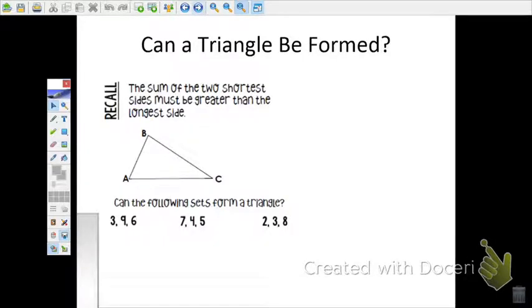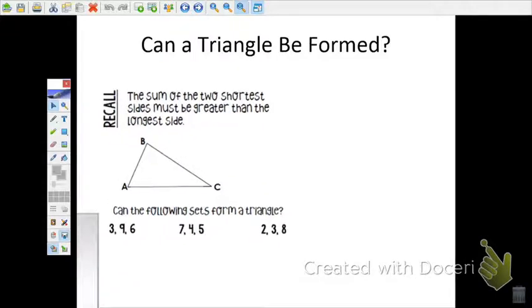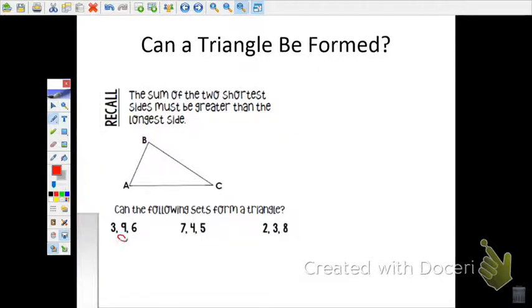Okay? So when we look at these three problems, for this first one, we've got 3, 6, and 9. Are we going to be able to form a triangle with those sides? No, because they're equal. 3 plus 6, 9. 9 is going to equal 9, so that one's a no. So remember, if they're equal, it's a no.